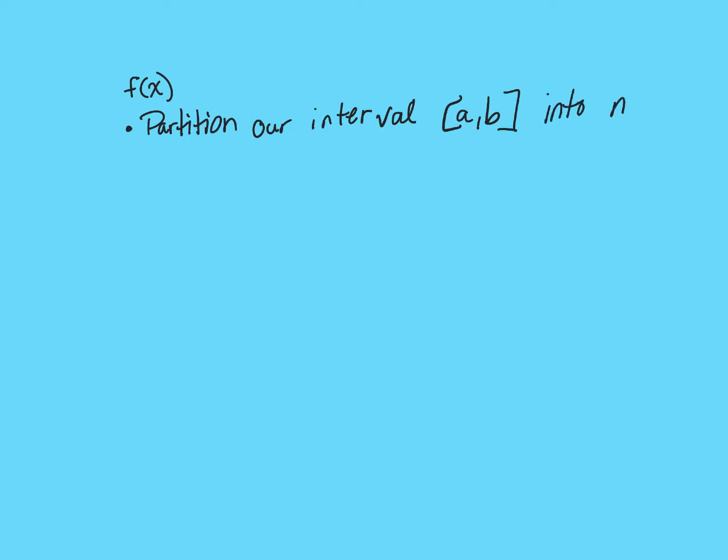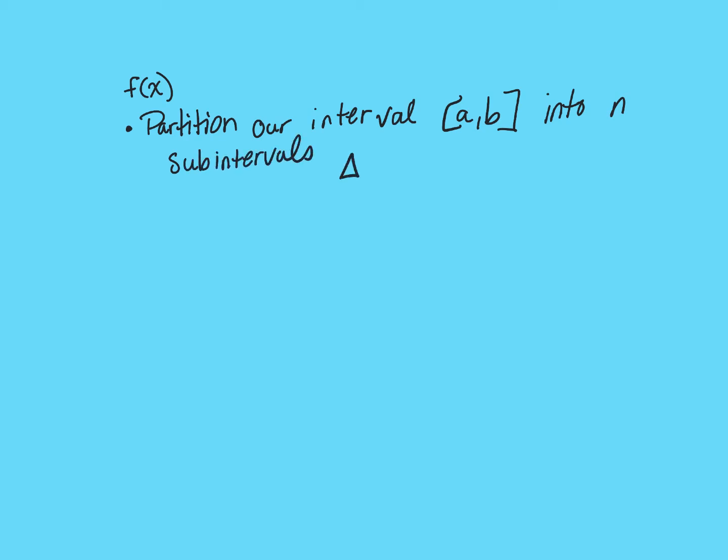Let's say that we have some function, f of x, and we want to approximate using Riemann sums. So the first thing that we're going to do is partition our interval from a to b into n subintervals.